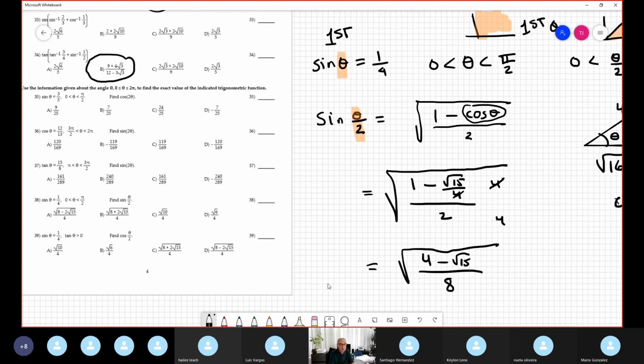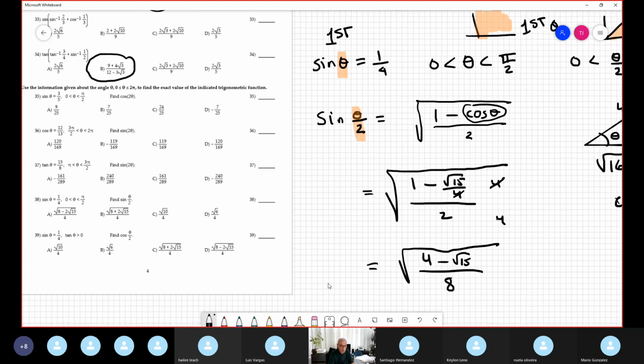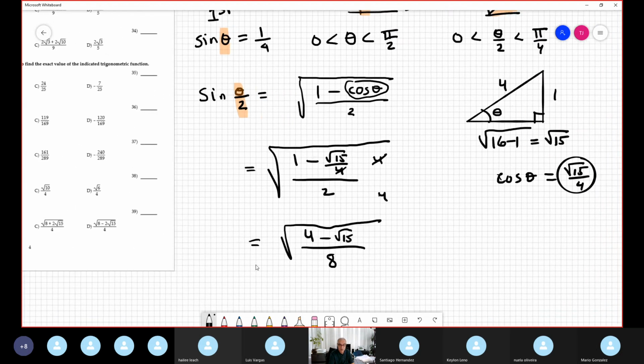Let me see. Okay, now this is perfect. This is algebraically the same. However, remember this 8 is inside the root.